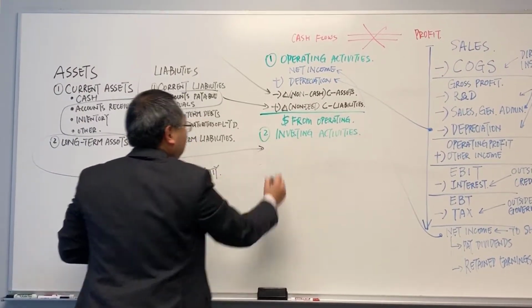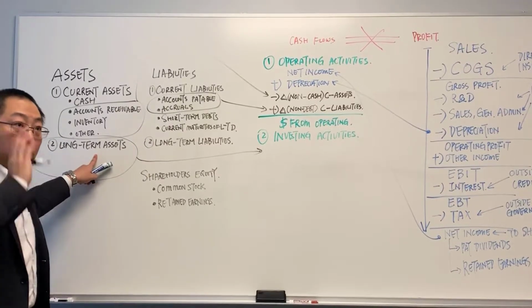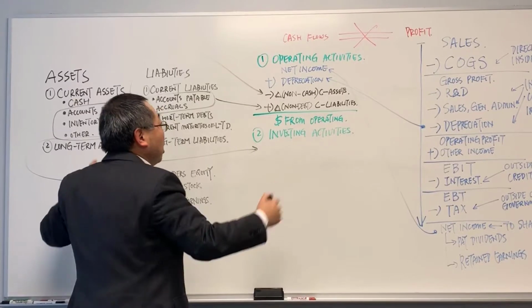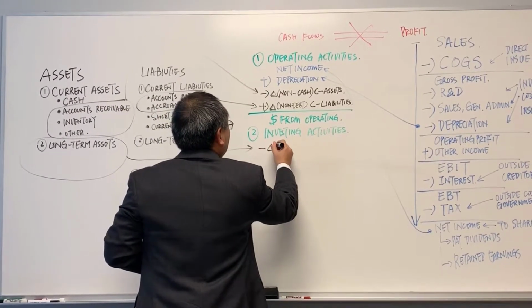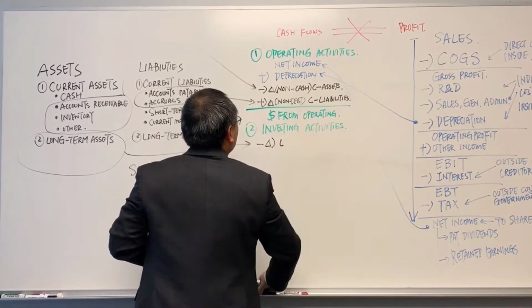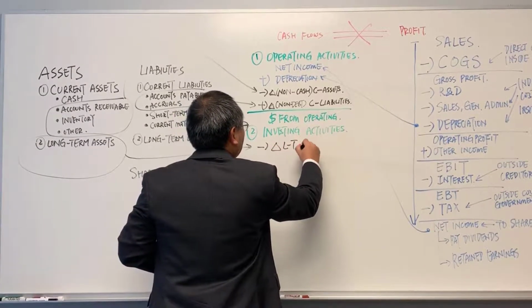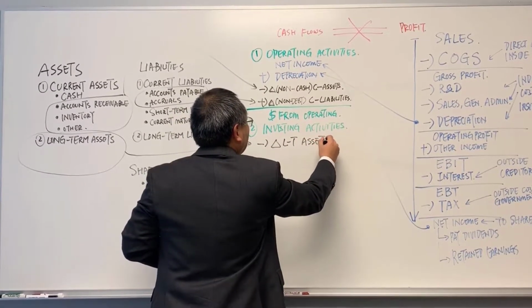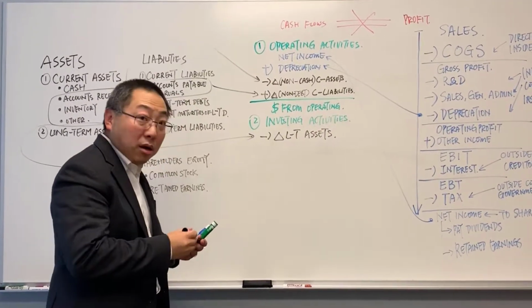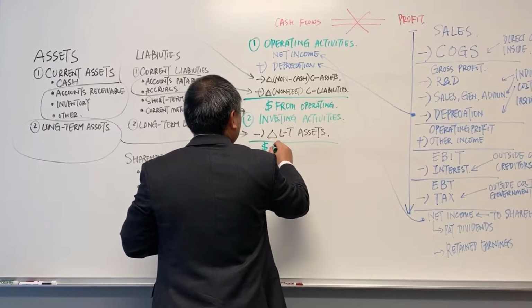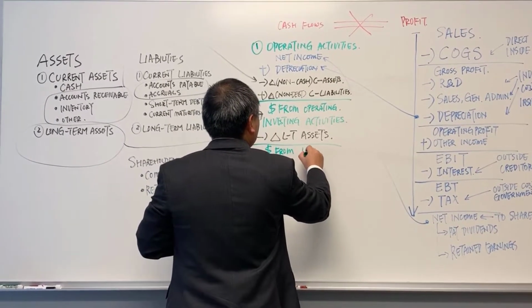We'll put it in here. Since it's long-term assets, when we make an investment to purchase a long-term asset, we need to give out cash. So we have a minus change in long-term assets, including tangible assets or intangible assets. So that is about cash from investment.